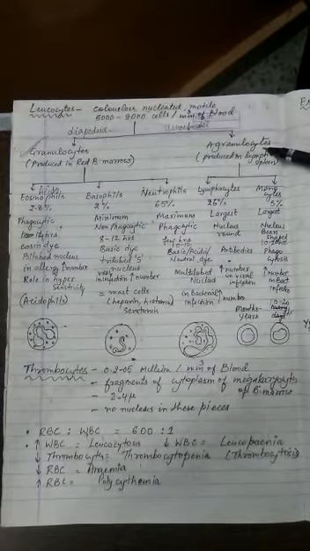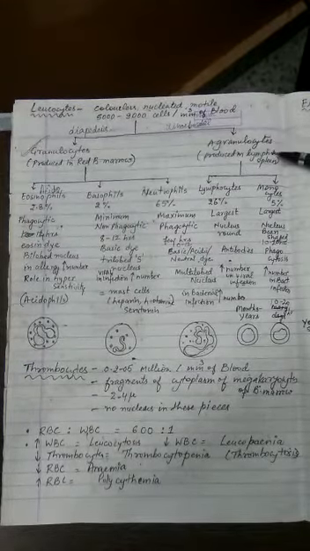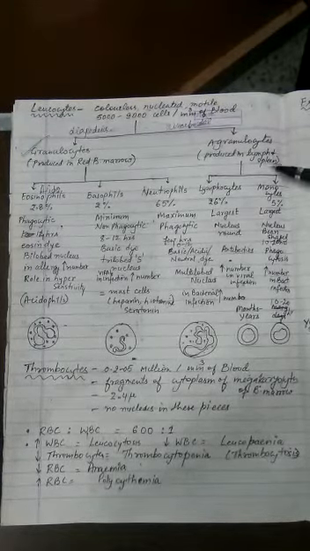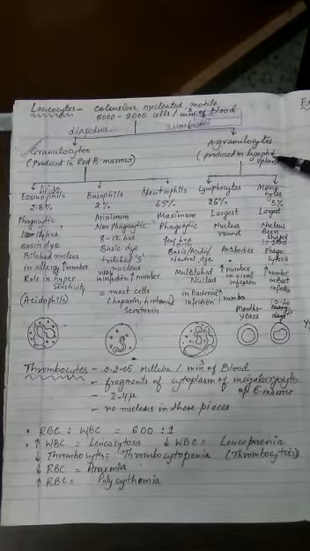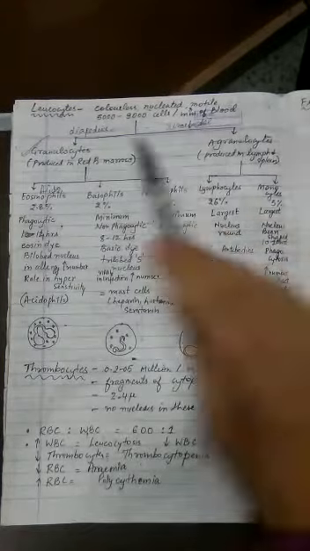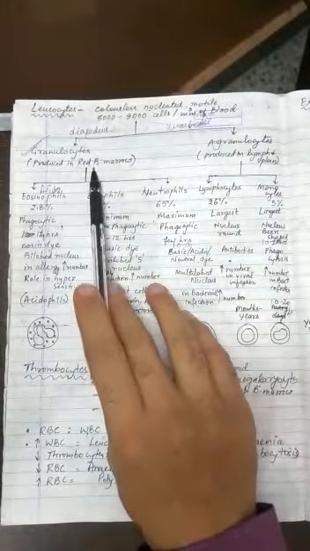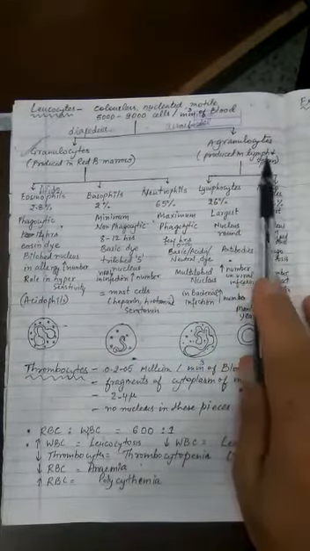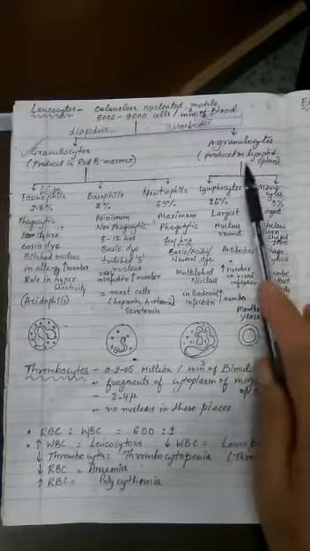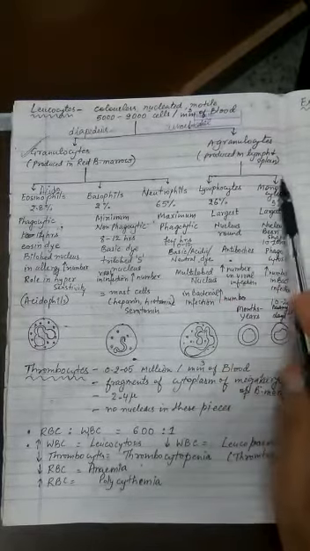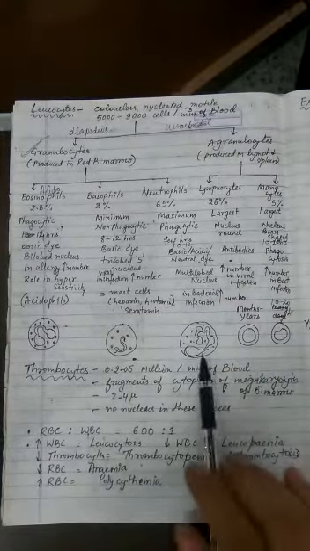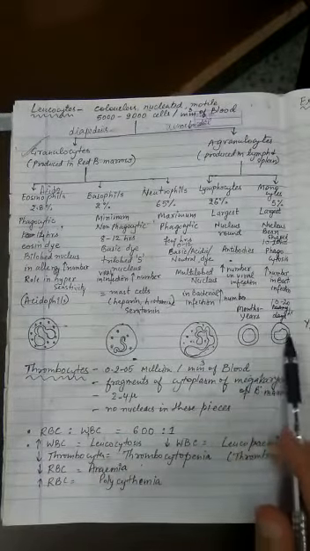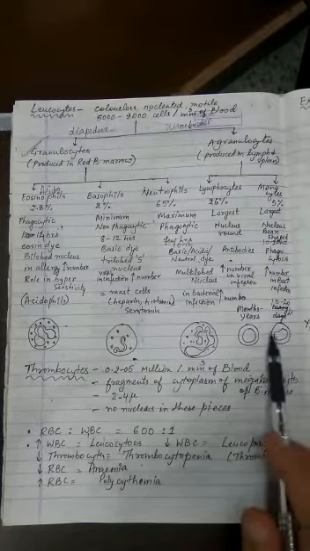That means they do not carry any granules in their cytoplasm, and they are produced by the lymphatic system, or lymph nodes, or you can say lymphoid organs, and the spleen. The spleen is a part of the lymphatic system. Now agranulocytes have a non-lobed nucleus. You can see the nucleus is round or slightly pinched off, but it is not into lobes.